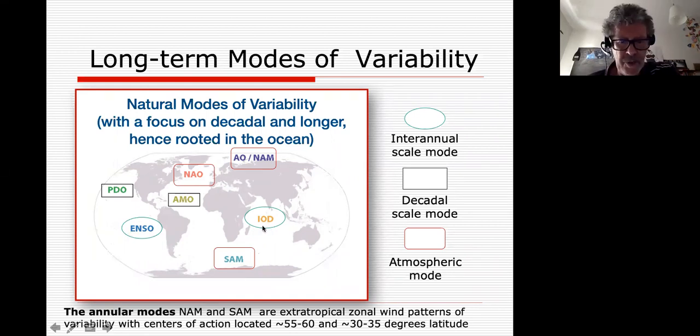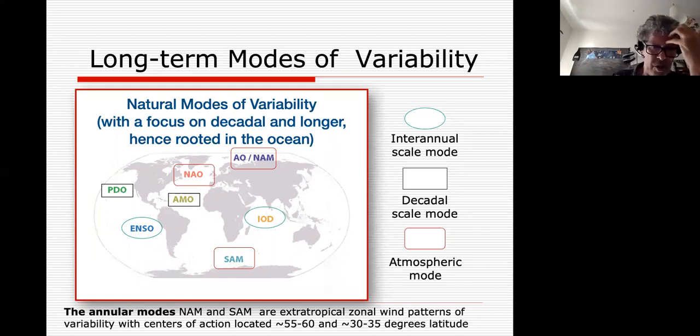So we recognize ENSO and IOD, and the green box means interannual scale modes, and they have a black box with the Atlantic multi-decadal oscillation or Pacific decadal oscillation that are longer scale. We move from interannual to decadal or longer time scale.